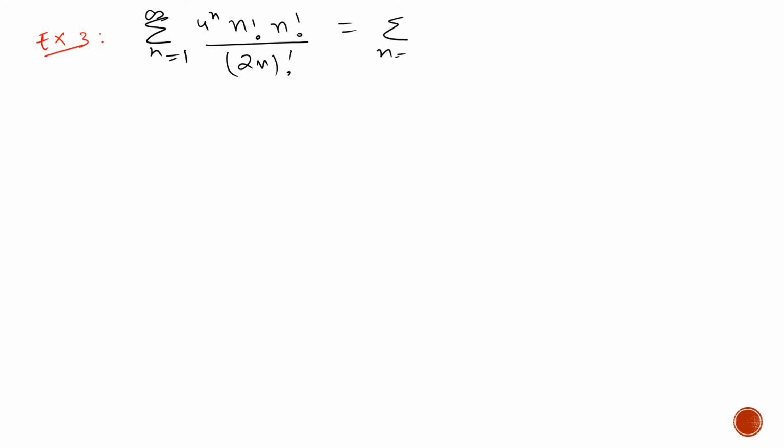Now we will see the last example for the ratio test. If I ask you what will be the nature of this, so if you find out the limit, you will see that this is coming to be 1.